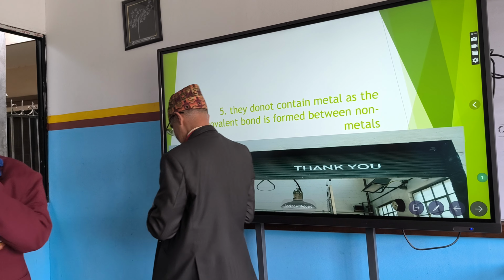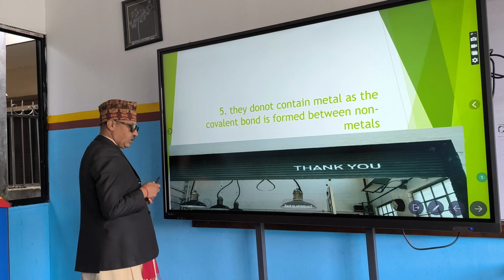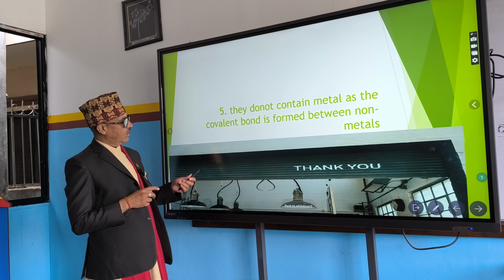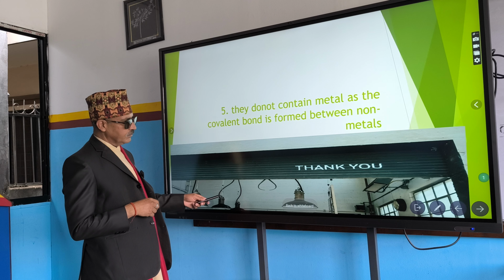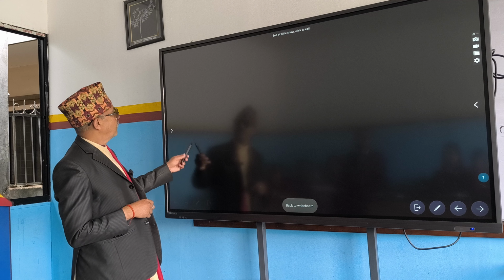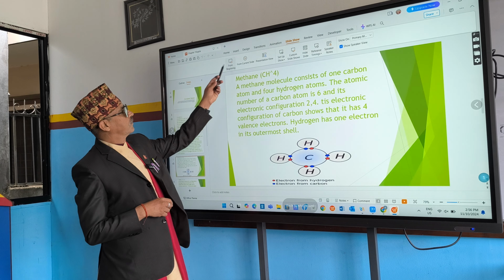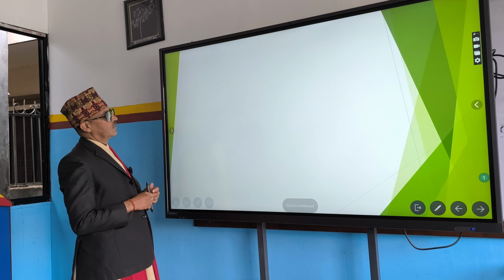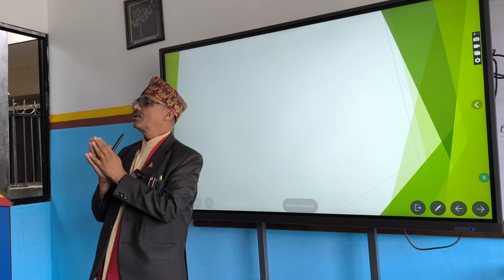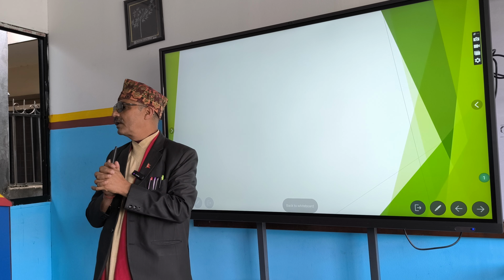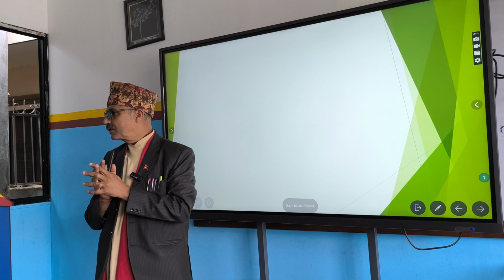So Nistara has brought the discussion about which one? From the beginning. So children, there exists a force of attraction between 2 or more atoms while forming a molecule.